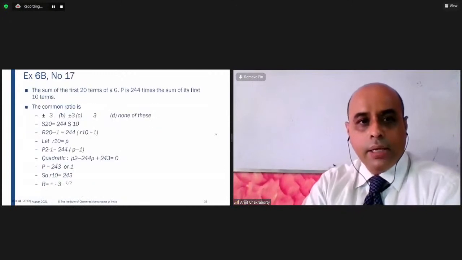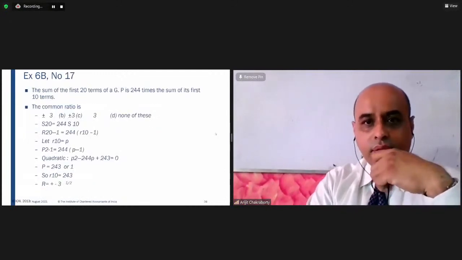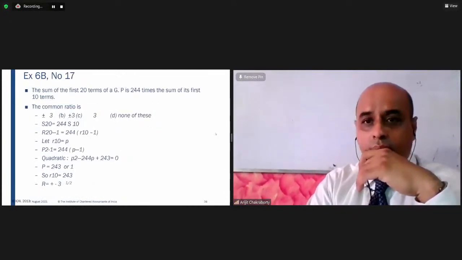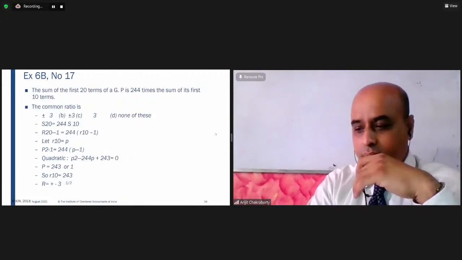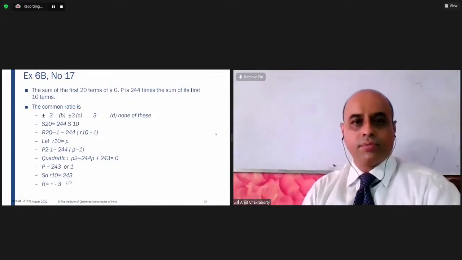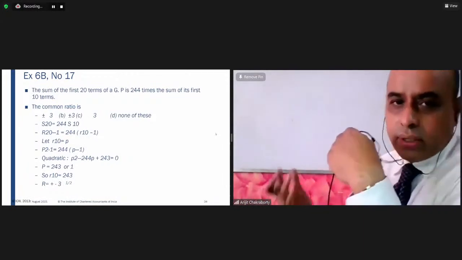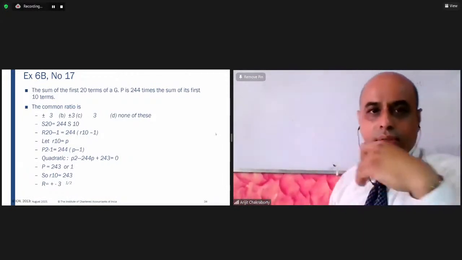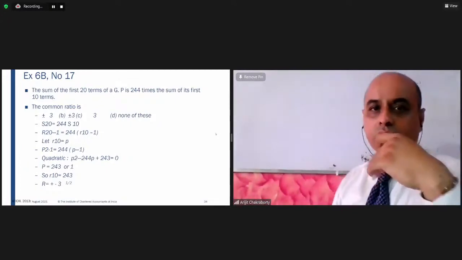The sum of the first 20 terms of a GP is 244 times the sum of its first 10 terms. Okay. Let's take the first 20 terms of a GP. Now S20, here we don't know anything about A and R. What is the common ratio and what is the first term, we don't know.